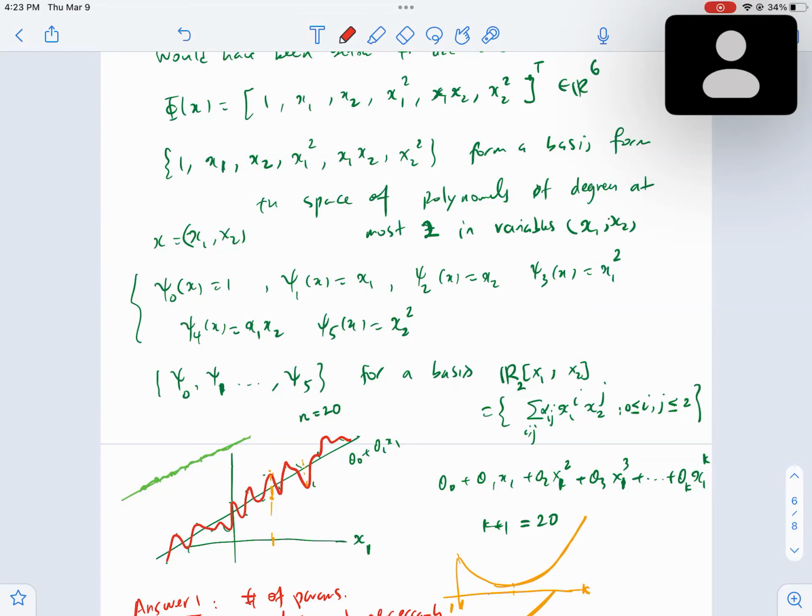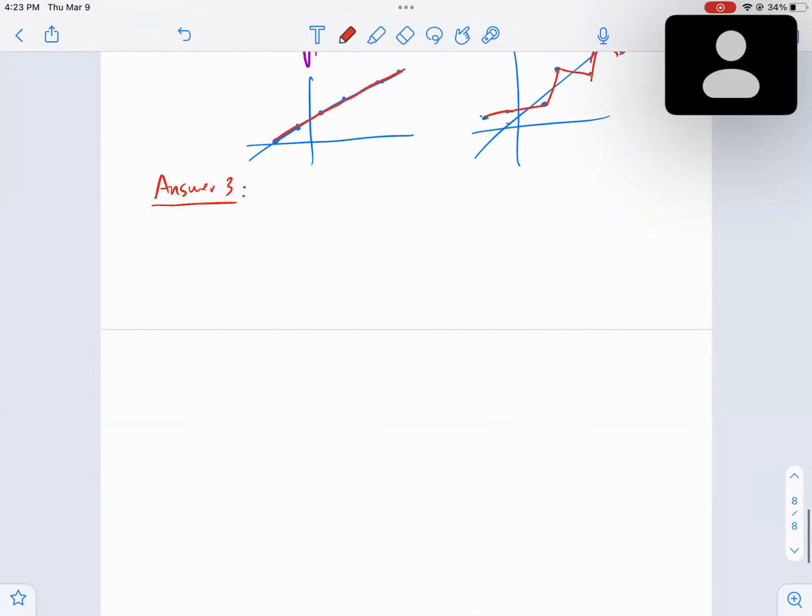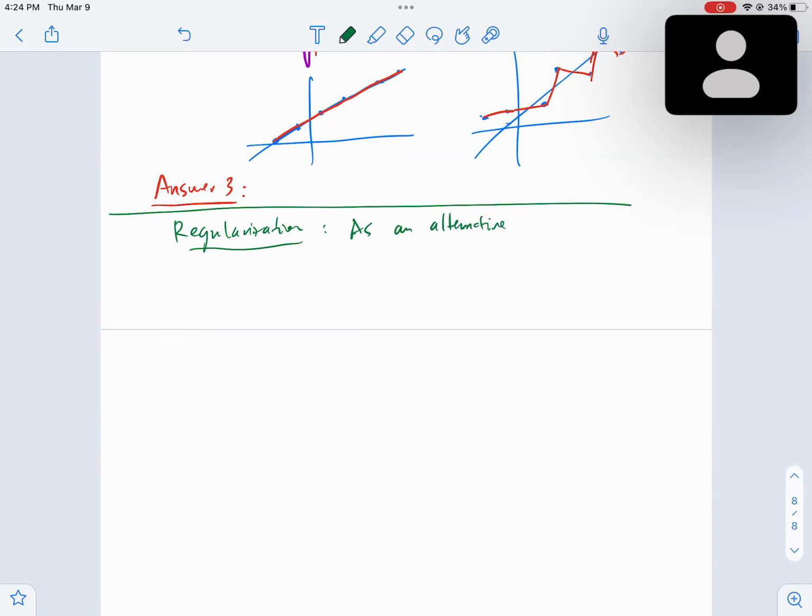So that's what I want to do now: regularization as an alternative way to restrict the complexity, or another way of trading off bias versus variance.